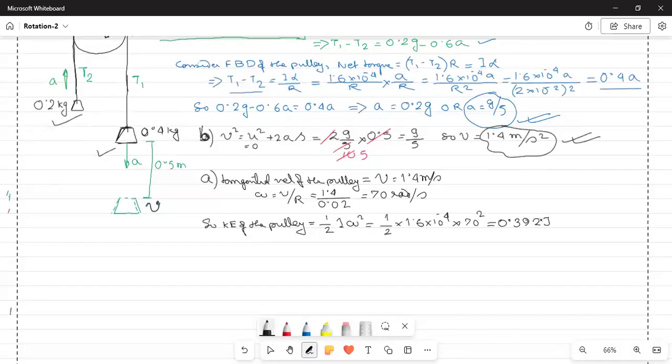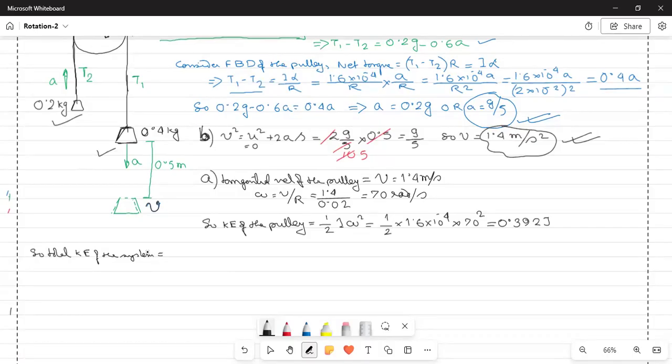Now, these two hanging bodies have their kinetic energies, which are half m v square. So instead of elaborating further, I would like to write straight away the total kinetic energy of the system.